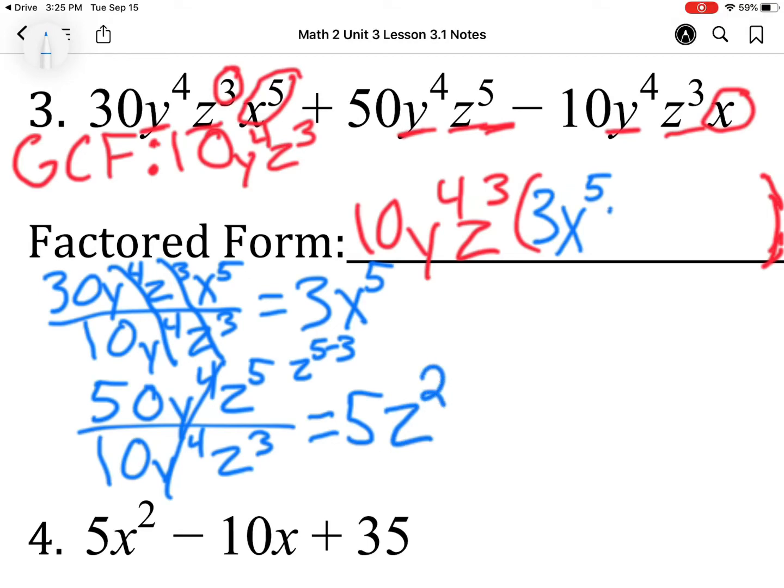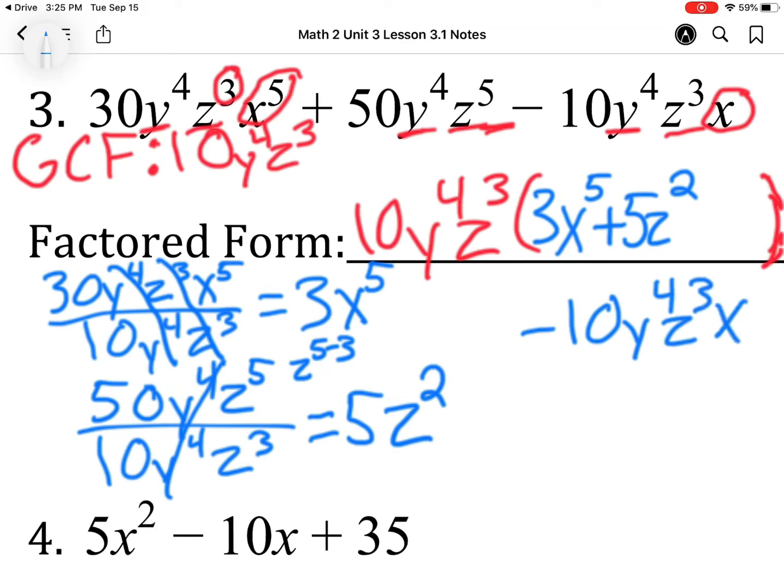So we have a positive 5z squared. And then our last term is -10 y to the 4th, z to the 3rd times x. In our GCF, we're going to divide by y to the 4th, z to the 3rd. -10 divided by 10, negative divided by a positive is a negative.